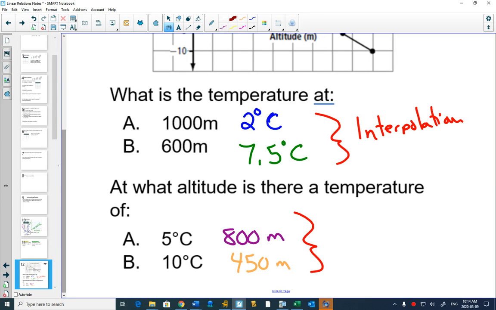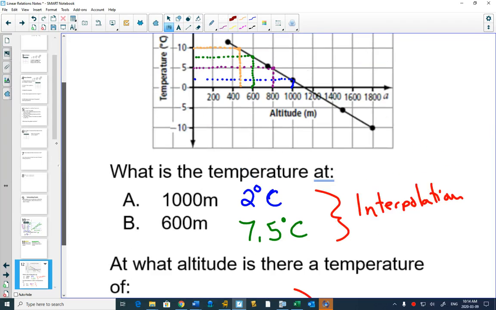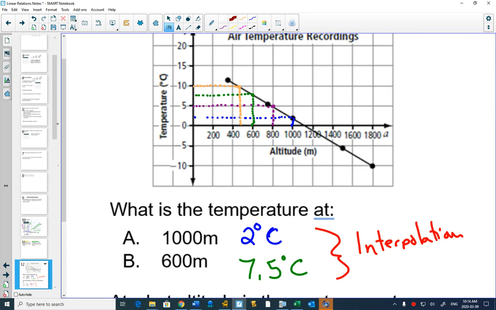What do you think for these ones? Were both of those extrapolation, both interpolation, or one interpolation, one extrapolation? Was it within our data that we found that? Or did we have to go beyond our data? Beyond. Okay.